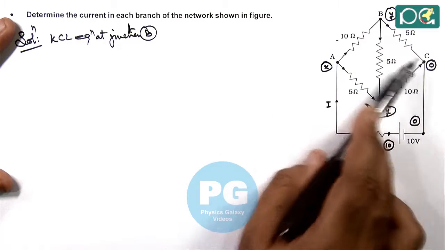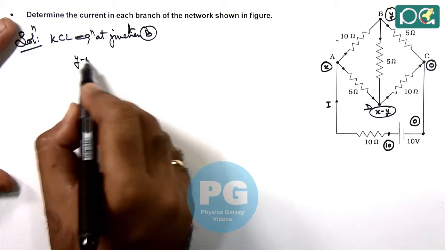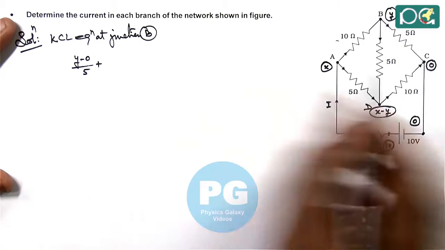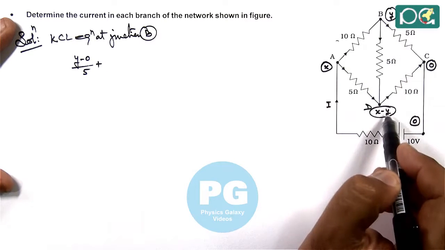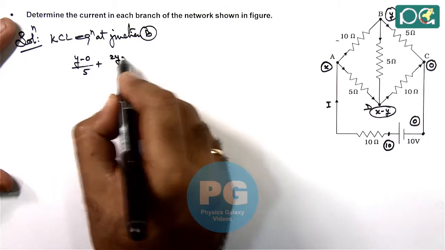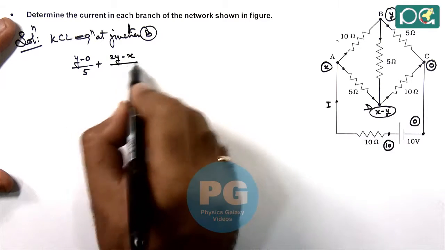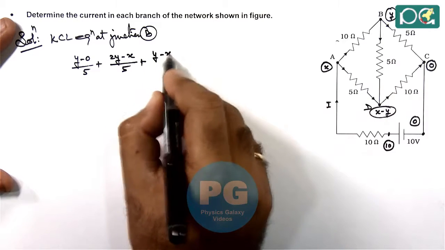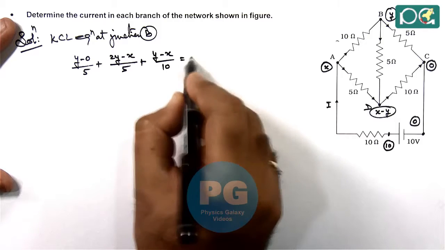The current flowing here is (Y minus 0) by 5, plus (Y minus X plus Y), which is (2Y minus X) by 5, plus here the current is (Y minus X) by 10, and that should be 0.